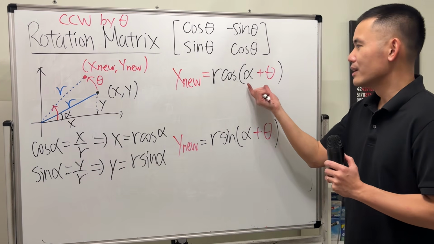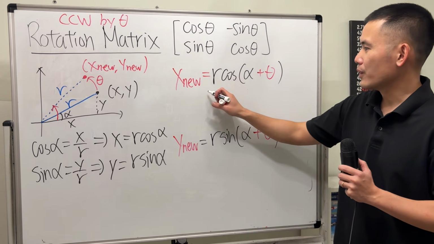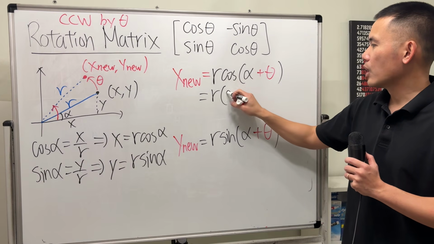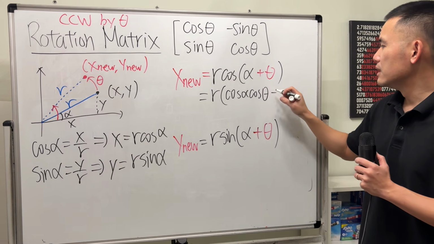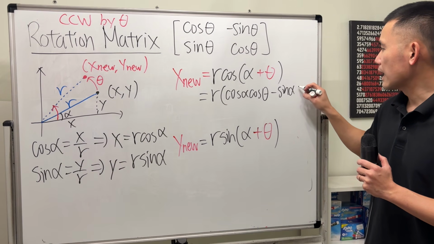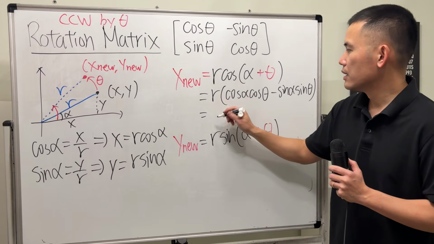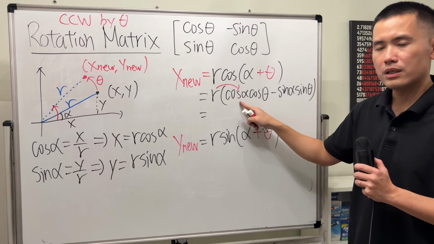How though? Angle sum formula for cosine, angle sum formula for sine. So keep the r on the outside. This is going to be cosine of the first times cosine of the second minus sine of the first times sine of the second. If you distribute r, you see that this times this, r cosine alpha is what?